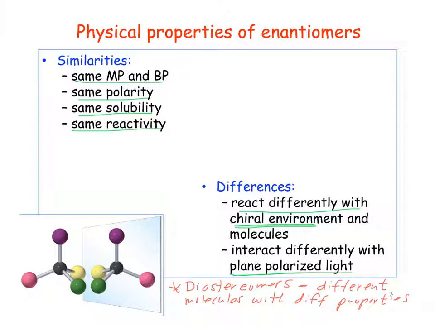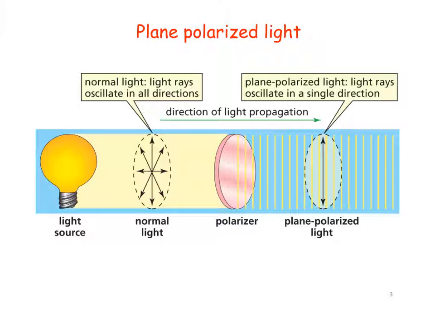All right, so let's look at this method of using plane polarized light. Here's a diagram of what the type of instrument might look like that we would use. This instrument is called a polarimeter.